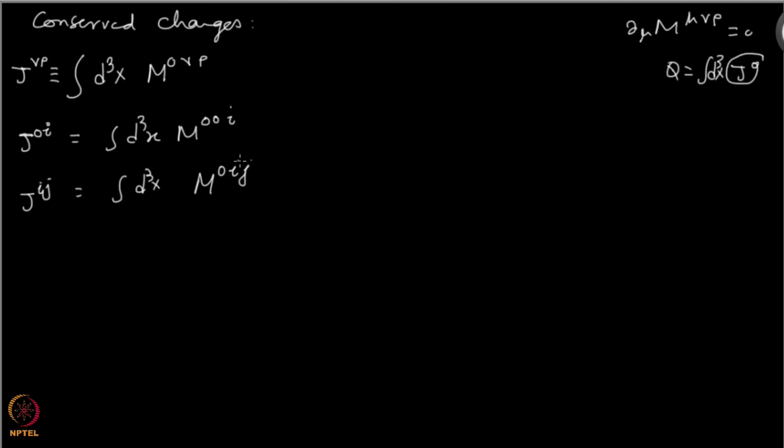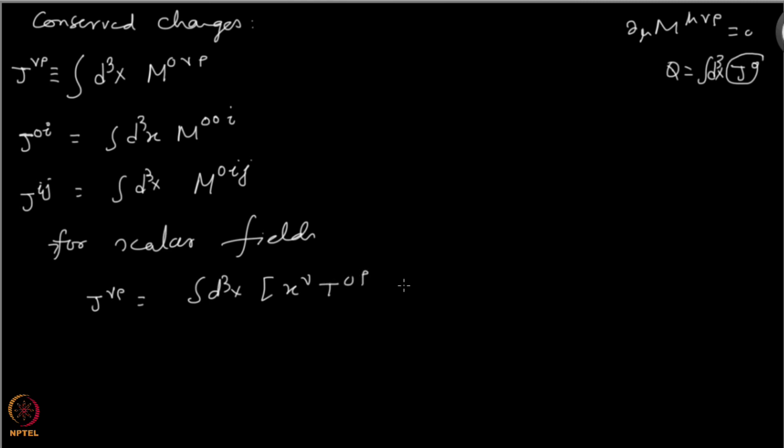And for scalar fields, your J nu rho is the integral d cube x of x nu t0 rho minus x rho t0 nu. So this gives you the angular momentum. This one gives you the orbital angular momentum actually, because we are looking at only the scalar part.